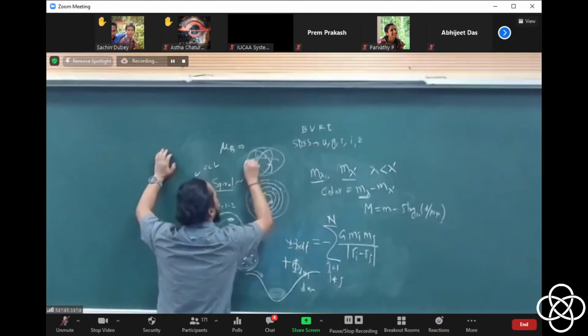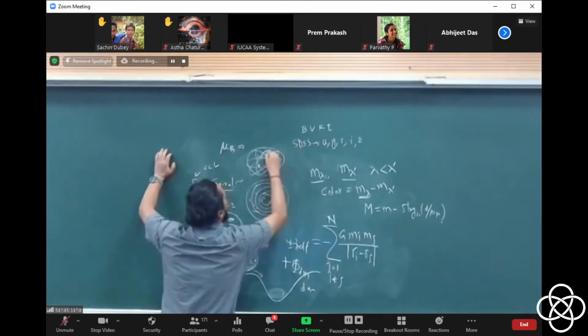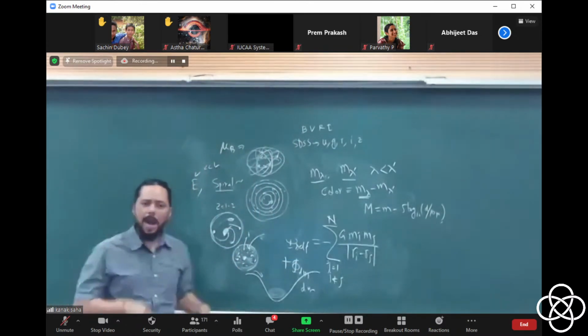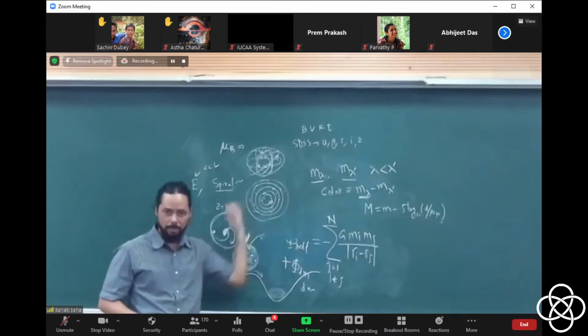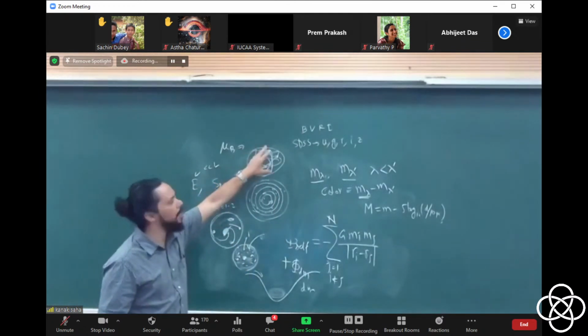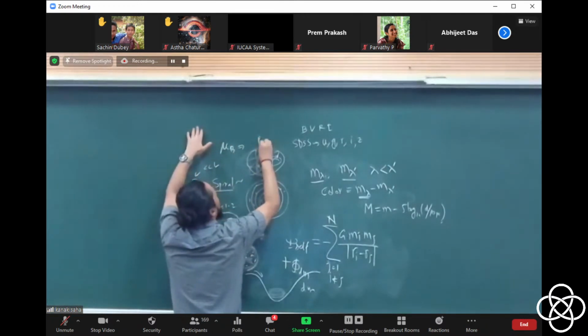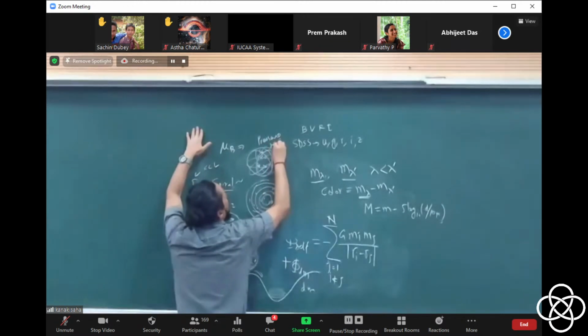This is the kind of orbital structure in an elliptical galaxy. You can draw many random orbits. In a spiral the orbits of the stars are much more regular, like a circle. Here the orbits are random orbits. So they are pressure supported.